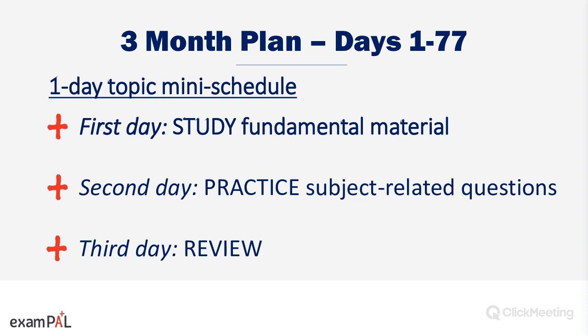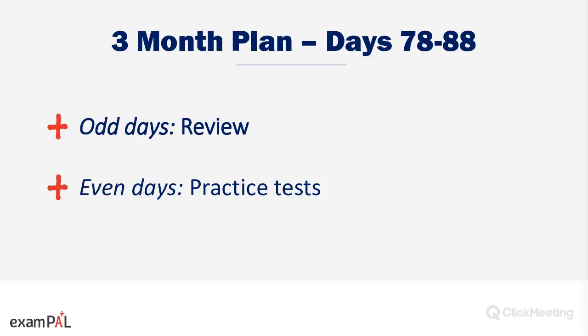Again, you might want to keep a few days unscheduled. So days 78 through 80, you might want to keep them unscheduled for the same reasons we mentioned earlier, just in case you want to push things back. And then your last 10 days should be devoted, as before, to reviewing on every odd day, and every other day aside from that, taking practice tests.